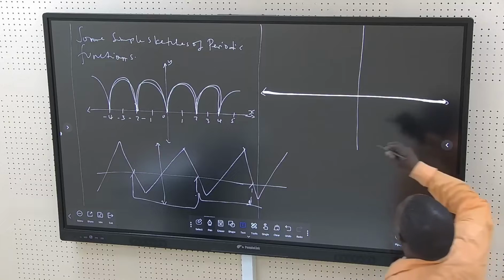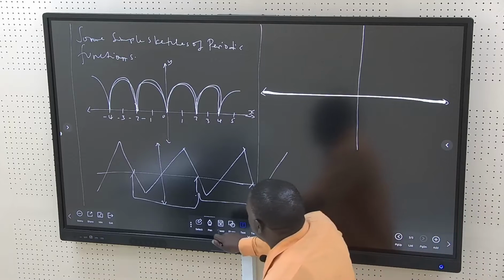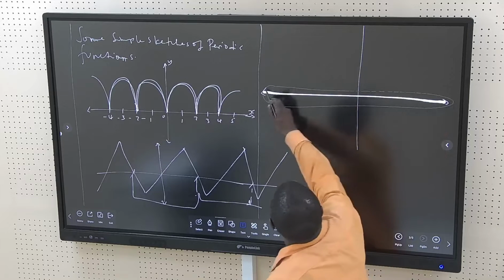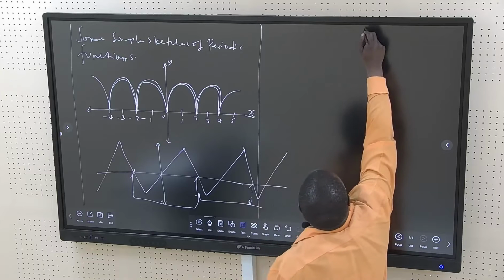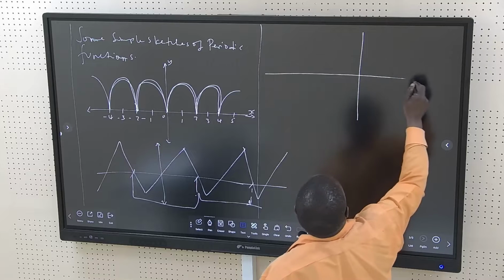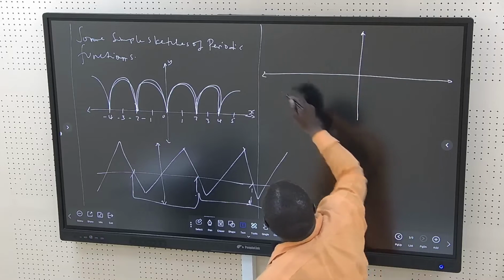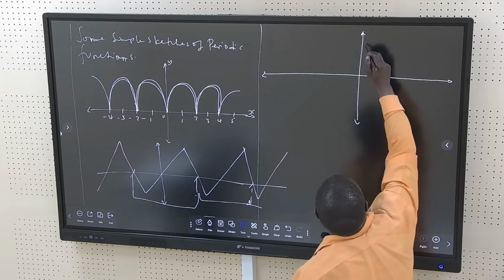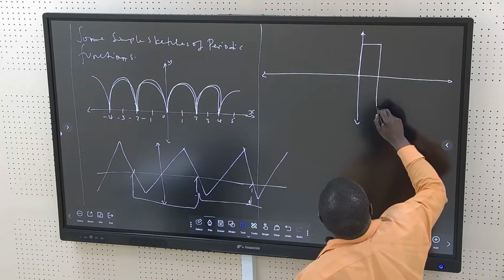We can have a discontinuous function like this one, which goes this way.